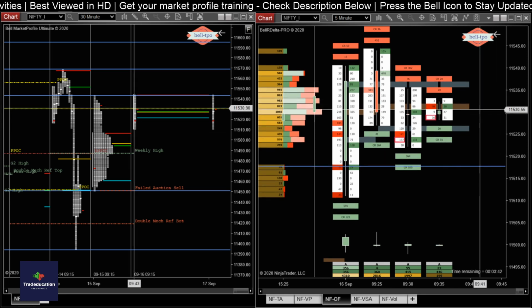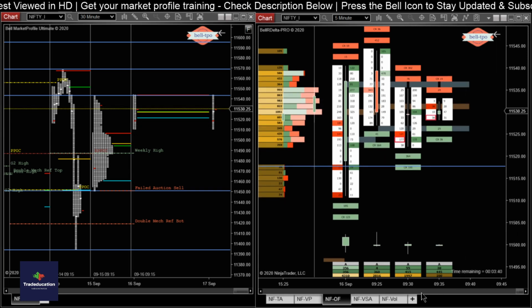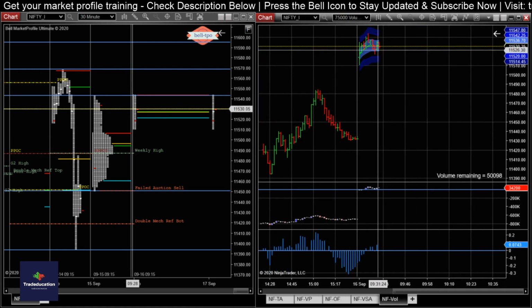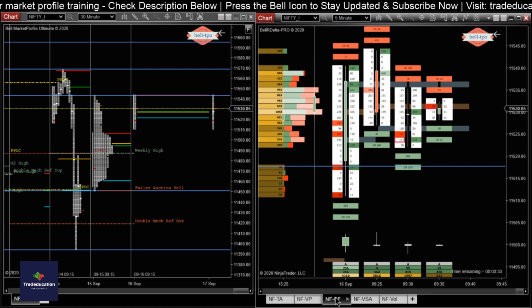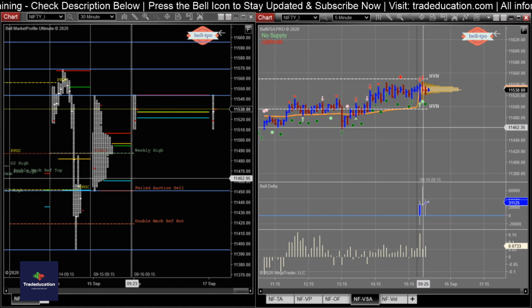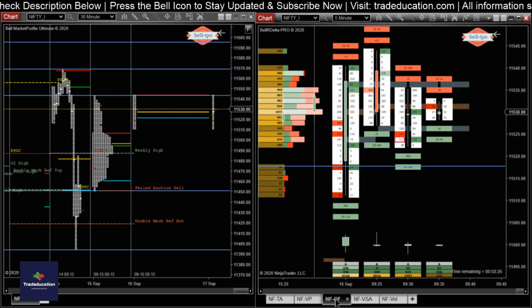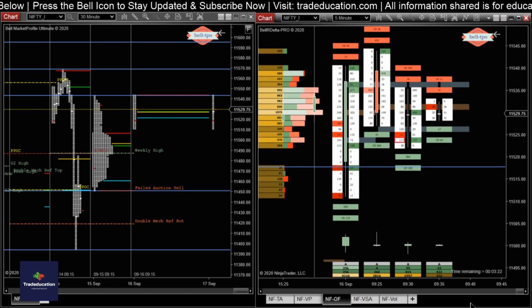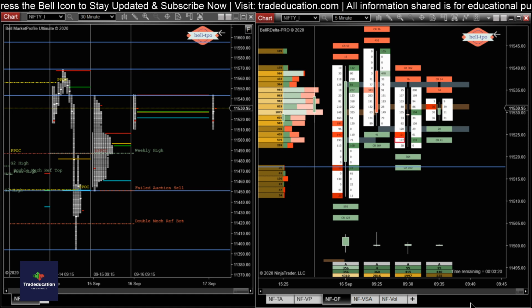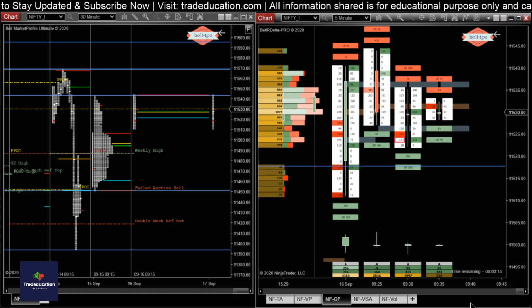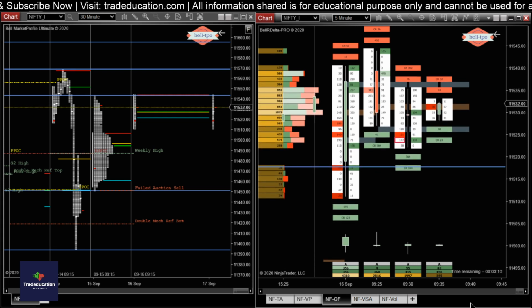Just getting rejected around VWAP. Here it's chopping around VWAP. I'm just keeping my hands down and observing the auction development.